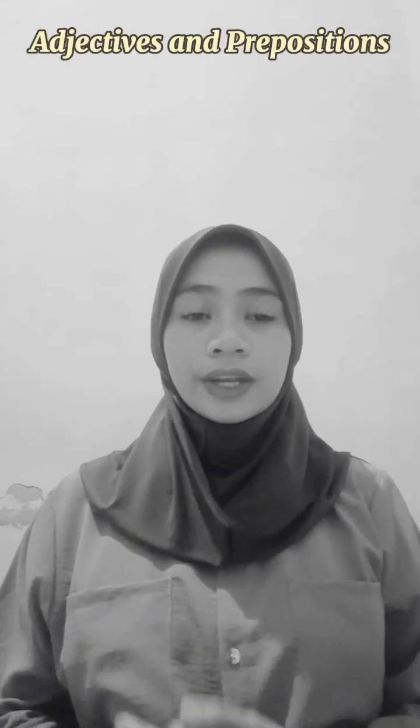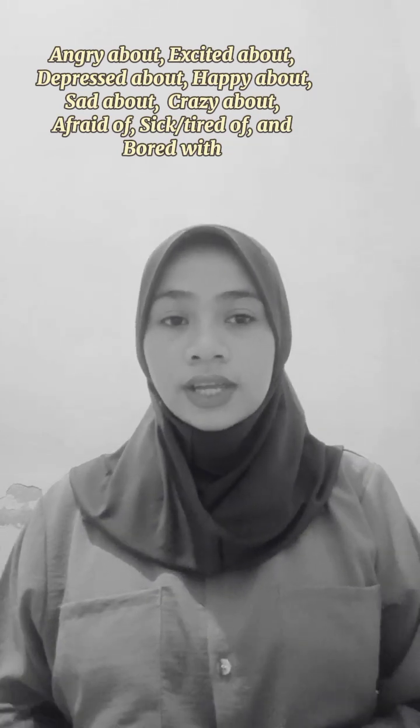When we use gerunds, there are prepositions that you can use together. Okay, first I will discuss adjectives and prepositions like angry about, excited about, depressed about, happy about, sad about, crazy about, afraid of, sick or tired of, and bored with.